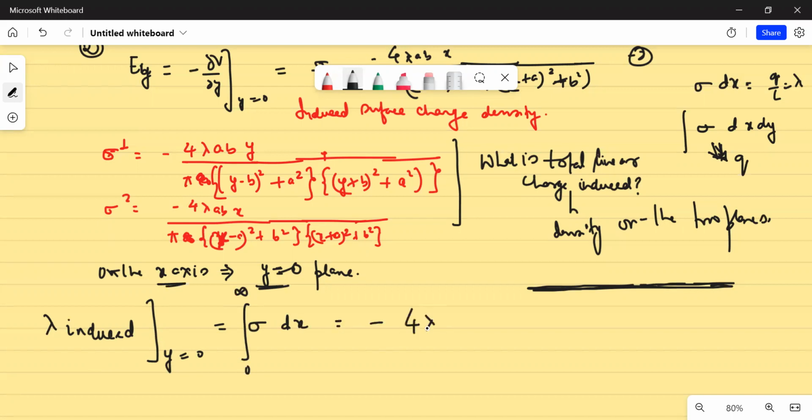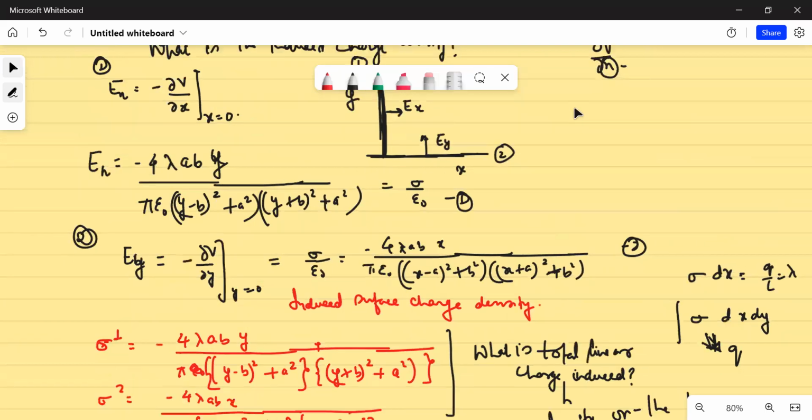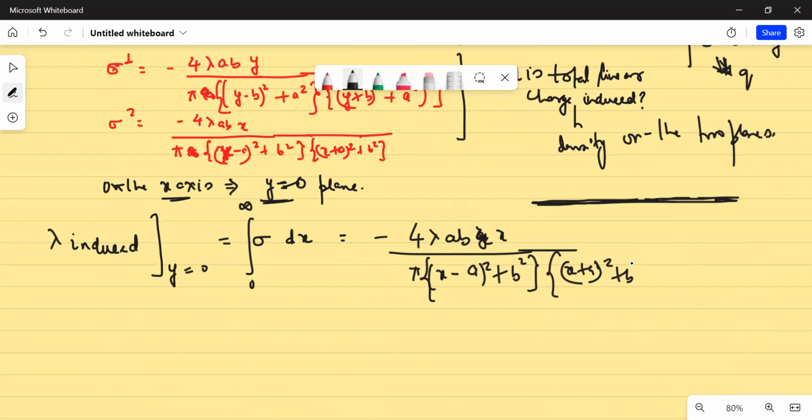And I can write it as minus 4 lambda, whatever this all is. I think there is a b and then I think there is a y. Was there a y here also? Let me first check this once. It was x, maybe. The second one was y equal to 0, that means x, sorry, my mistake. So this is x here, and then you should write y, and then I can write x minus a whole square plus b square, and then x plus a whole square plus b square.